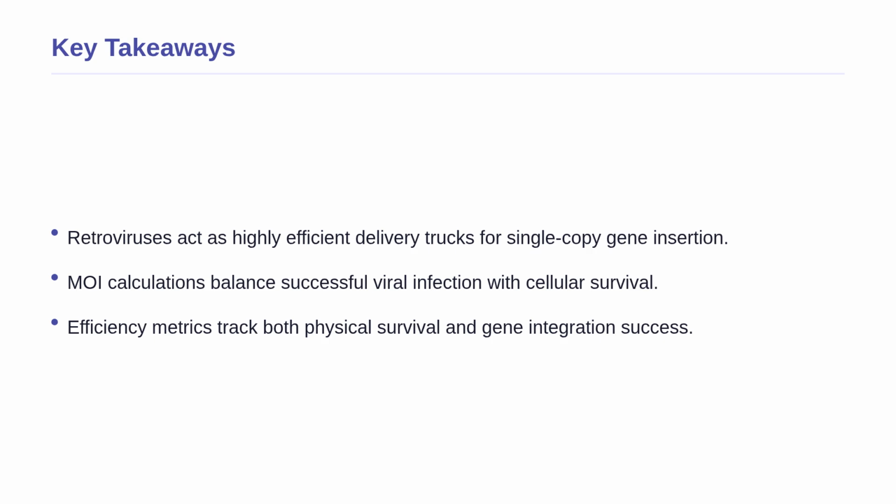Second, we saw how crucial the multiplicity of infection formula is for balancing successful gene transfer against cellular toxicity. Finally, we explored how birth and transgenic efficiency metrics allow scientists to track exactly how successful their procedures are from the initial embryo stage to the final transgenic founder. You now have a solid understanding of the retroviral method in animal biotechnology.